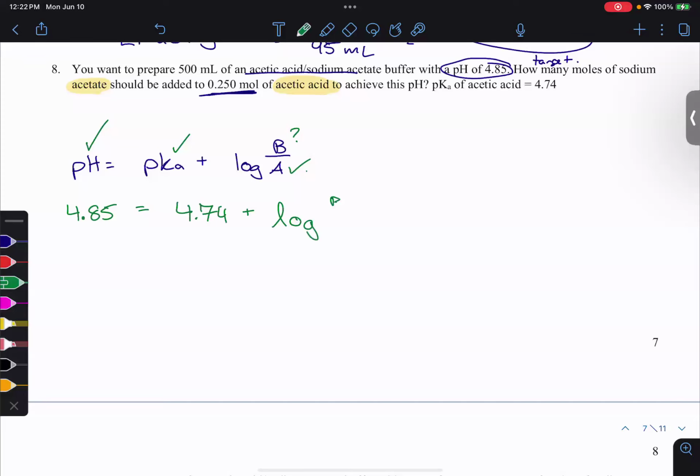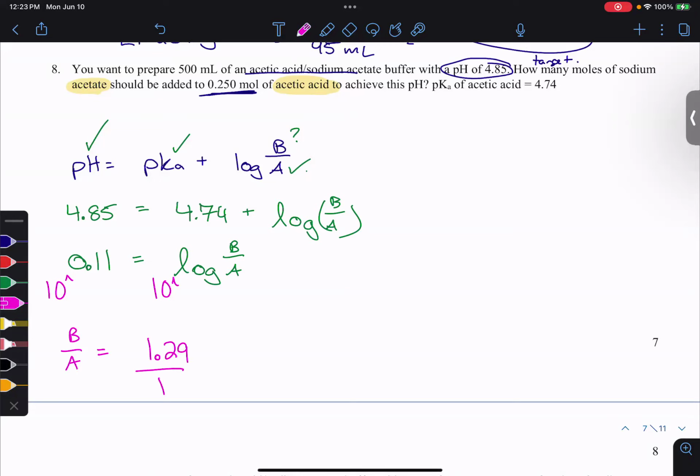I'll just calculate the full base over acid ratio first. So I think this is 0.11 equals log base over acid. So to undo that logarithm, take both sides to the 10. So 10 to the 0.11. So that base to acid ratio equals 1.29.